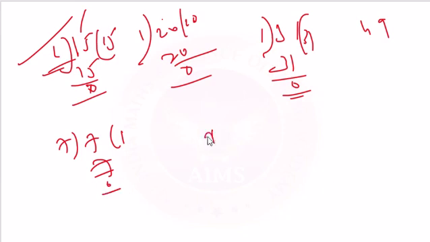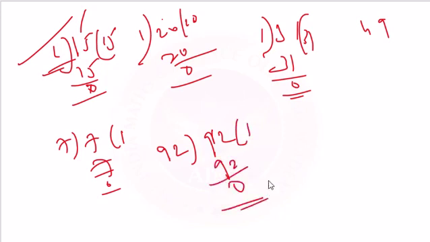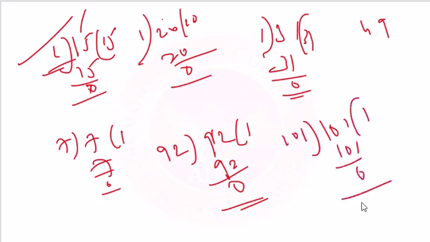Or if you take 92, 92 is divisible by 92, because 92 1 times is 92, remainder 0. Or 101 is divisible by 101, remainder 0. This means any number can be divided by the same number.